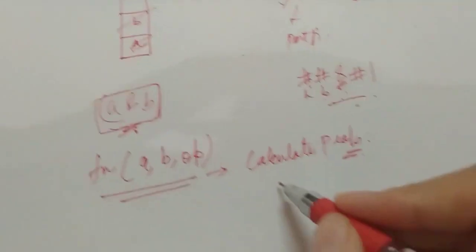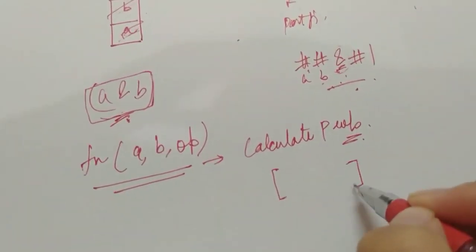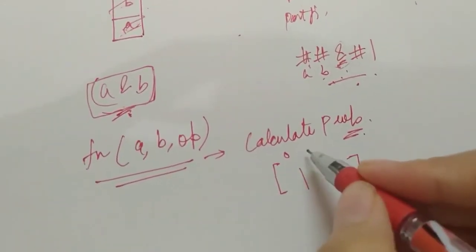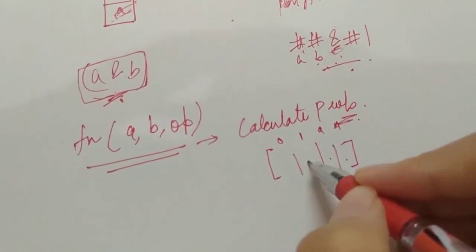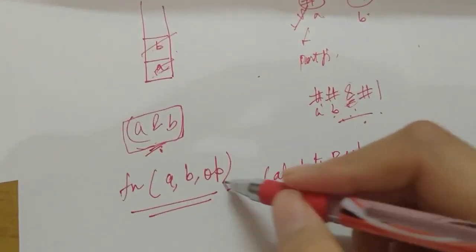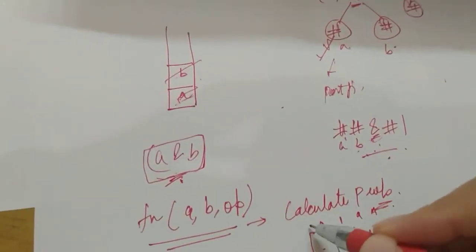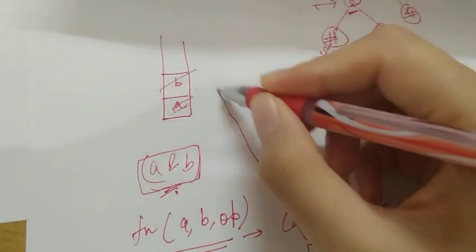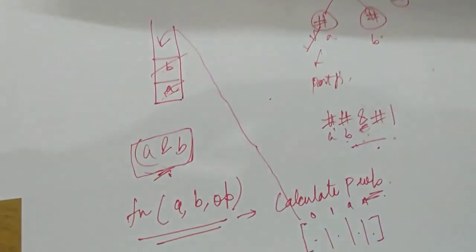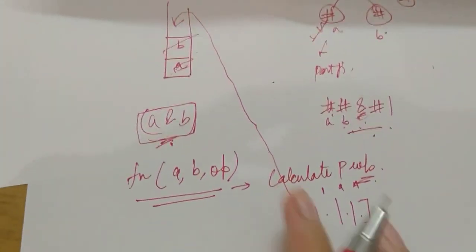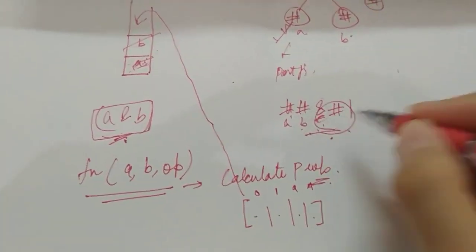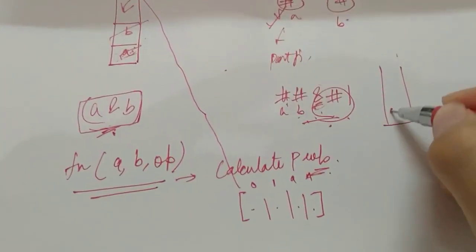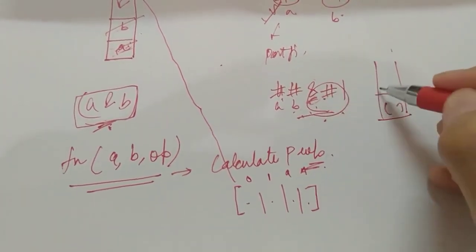When this probability is calculated, say in the form of an array for 0, 1, A, capital A, which this function will return, we push this result into our stack, and then we further evaluate. We add hash.